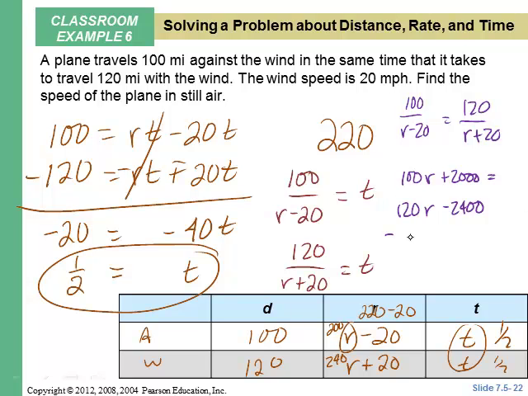Subtract 100 r from each side and add 2400 to each side. This is already canceled here, by the way. We have 20r equals 4,400, so r is 220.